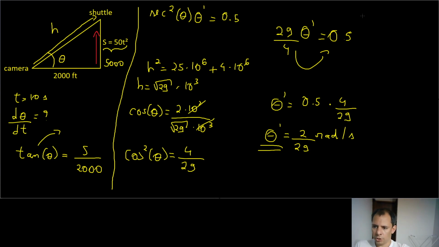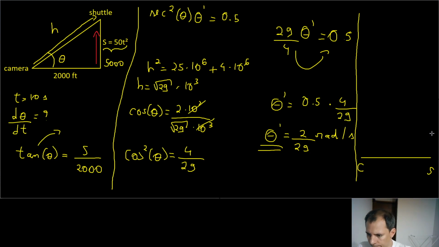Let me just do this here so you guys can understand. Here we have the camera and here we have the shuttle. Let's say now that the shuttle is a little bit higher, kind of like here. I'm going to get a different color and do this.